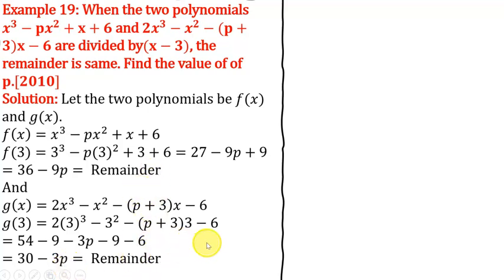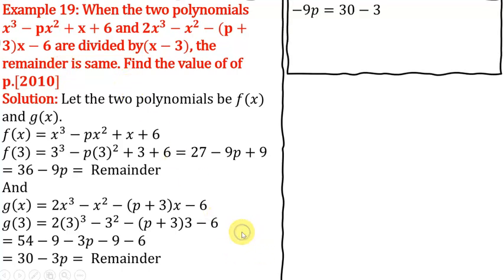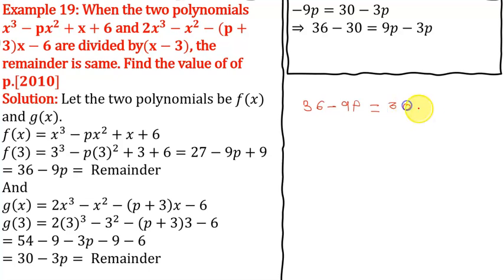Now these two remainders are equal. Okay, we have been given that, therefore we will equate them. See this here. 36 minus 9p is equal to 30 minus 3p. That is, these two remainders are equal. We will write one more step. 36 minus 9p is equal to 30 minus 3p.